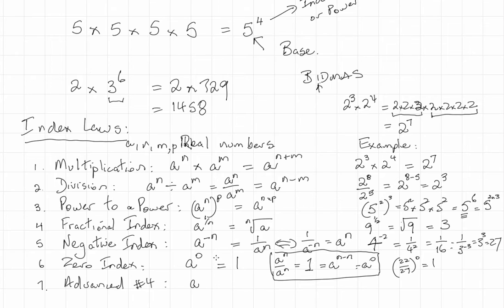A to the p on q, so we'll have to also put q up here, is also a real number, is equal to, now we know that a to the 1 on n will be the nth root of a, so a to the something on q will be the qth root of a, but we've got a to the power of p there.